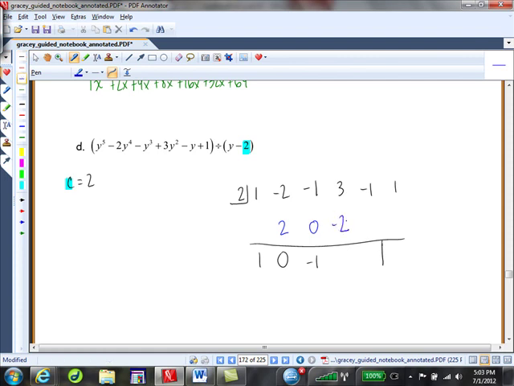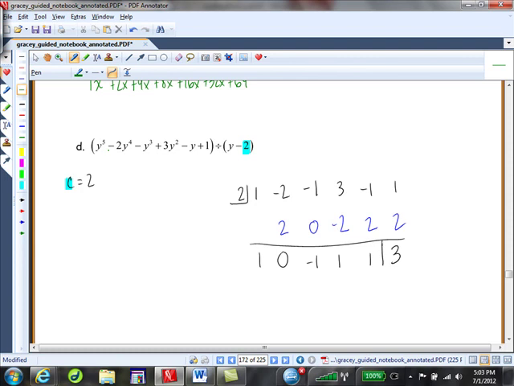Negative 1 times 2 is negative 2. 3 plus negative 2 is positive 1. 1 times 2 is positive 2. Negative 1 plus 2 will give us a positive 1. 1 times 2 is 2. And 1 plus 2 gives us 3.